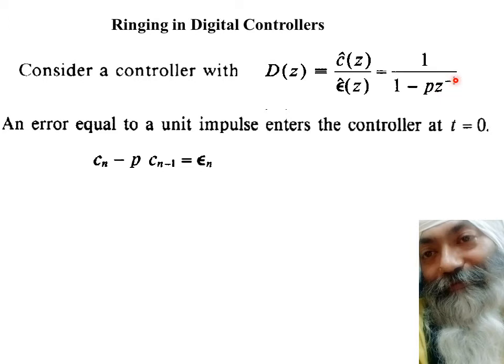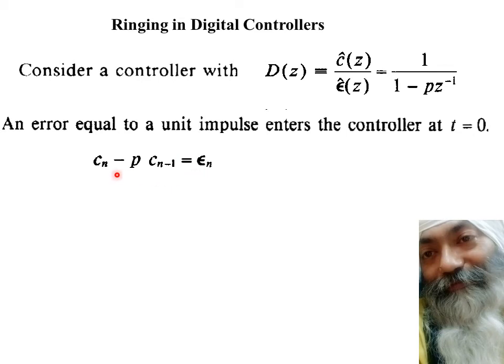Z to the power minus 1 indicates that the signal is delayed by one sample. So it means that p will not get multiplied by C[n], but by C[n minus 1]. This minus 1 has come on account of z to the power minus 1. This is something very simple, you all know. And the error gets cross multiplied to come over here in the form of E[n].